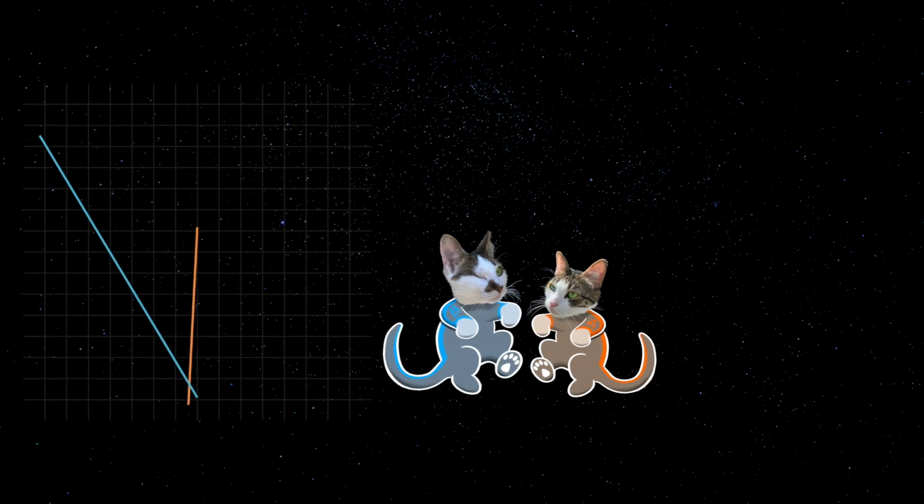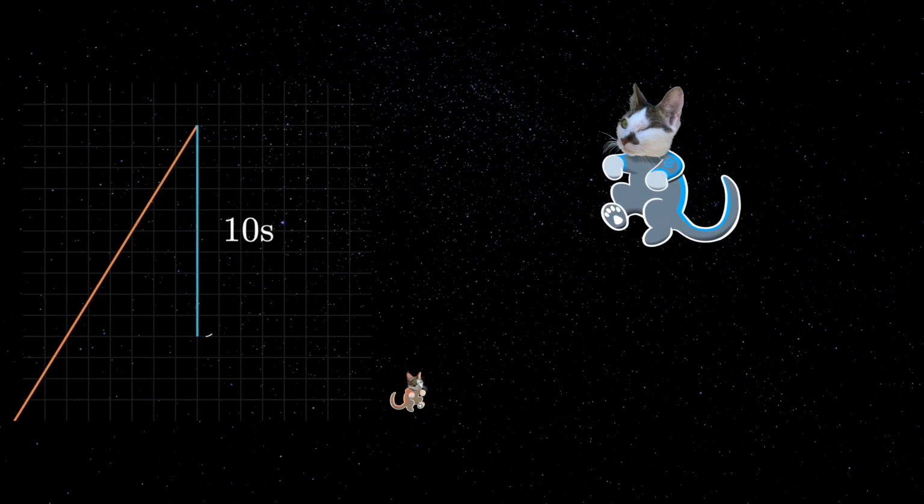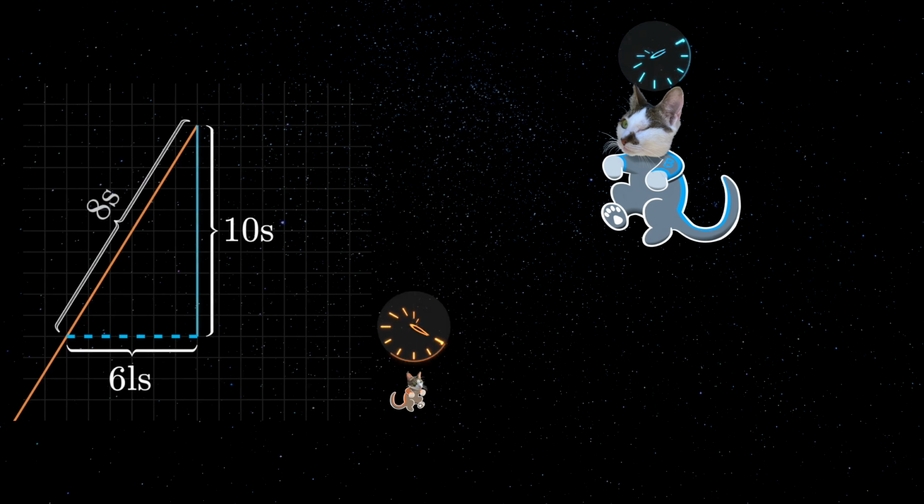Now we've demonstrated that clocks appear slower when moving away from each other, but we can easily reverse the scenario so that Bobby watches Al's clock for 10 seconds before they meet. In this case, she still calculates that 10 seconds ago he was 6 light seconds away, traveling at 60% of the speed of light, for 8 seconds on his clock until arriving.